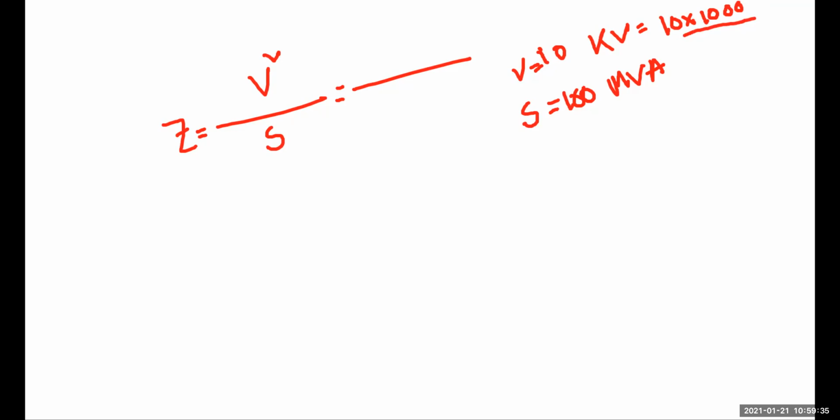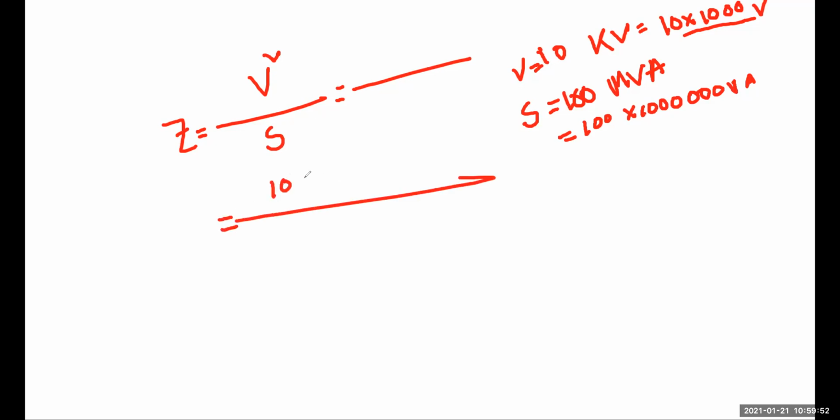What about this one? 100 into 10 to the power 6. That means this is VA now. So if I divide these two, since it is square, you will have 4 extra zeros, because you have a 0 here, that means you will have an extra 6.